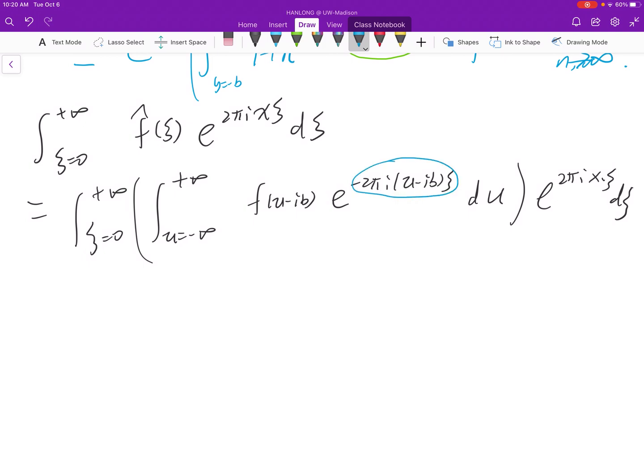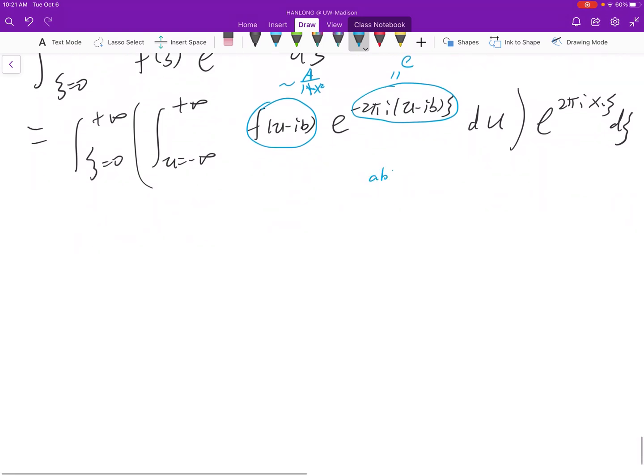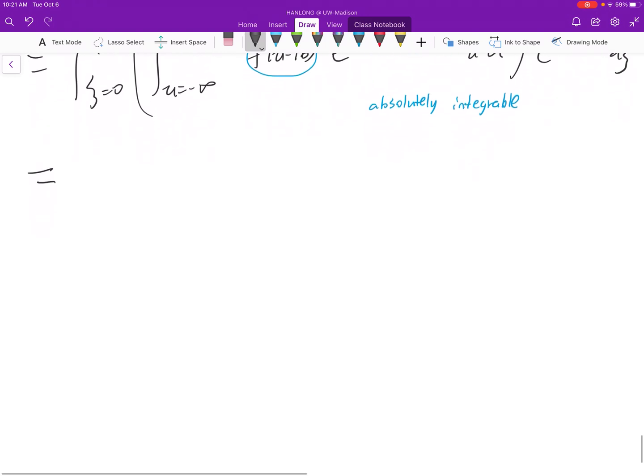This part, exponential negative 2 pi i u c minus 2 pi b c, decays very fast for larger c, and this decays very fast for larger x. Therefore, the whole thing is absolutely integrable on the c-u plane. Therefore, by Fubini's theorem, you can change the order.